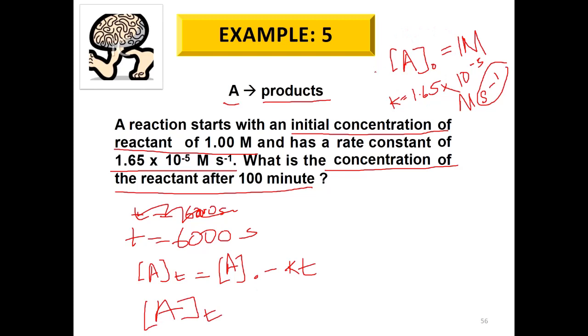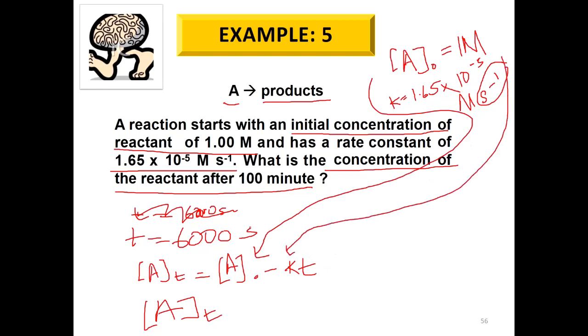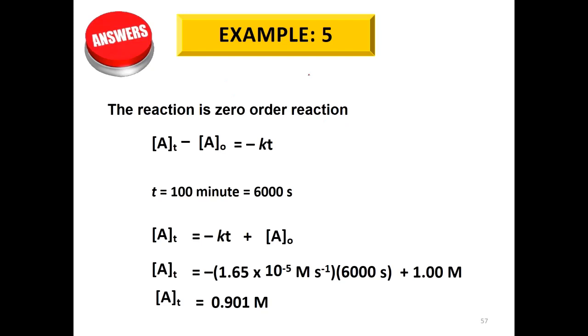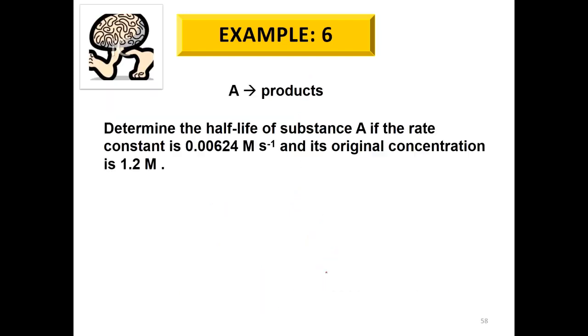The A naught is 1 molar, your k is this one, and t is 600. Then finally you can get the concentration A at a particular time, which is 0.901 molar. This is the detail for the final answer for example 5. Okay, settled for example 5.